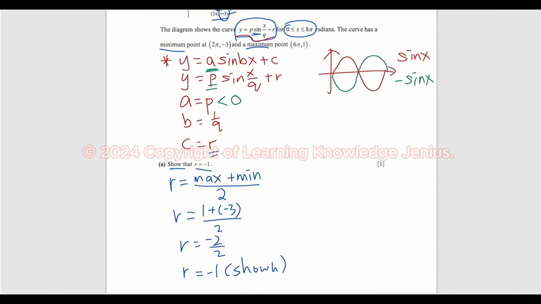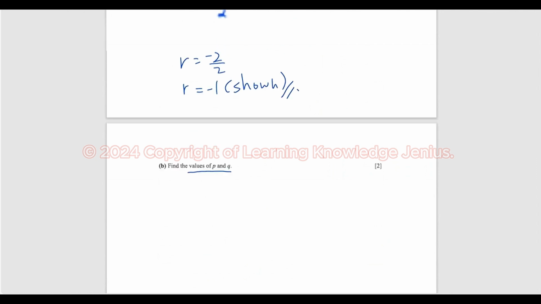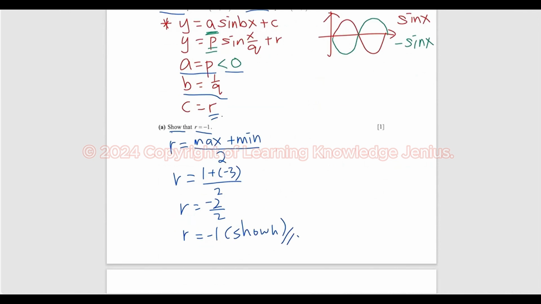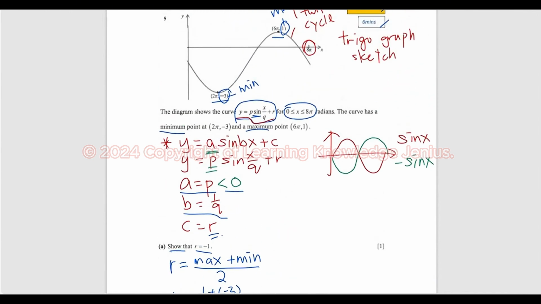Okay, very easy. Next, we move on to part B, which asks you to find the values of p and q. So what are p and q? p is actually a, which is less than 0, and q is related to b. To find p, we need to recall how we find a maximum or minimum in this question.